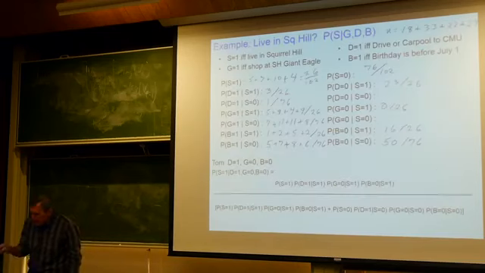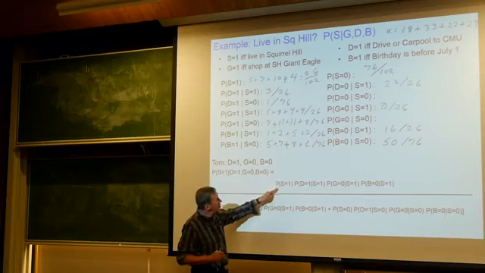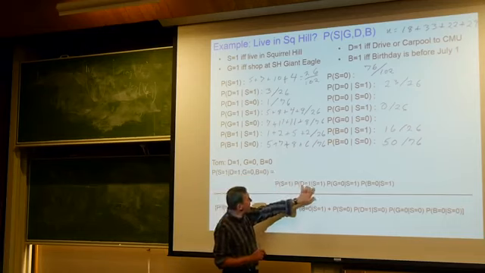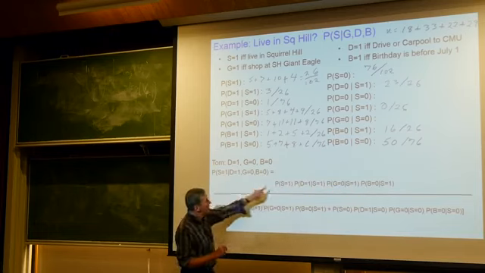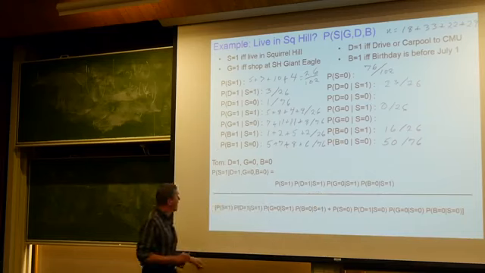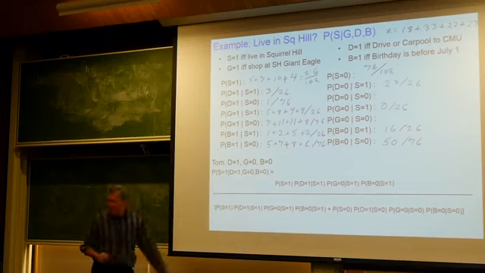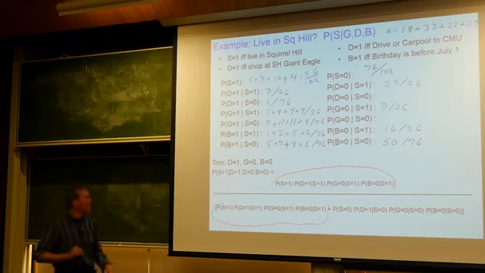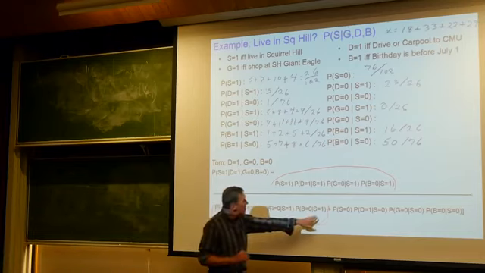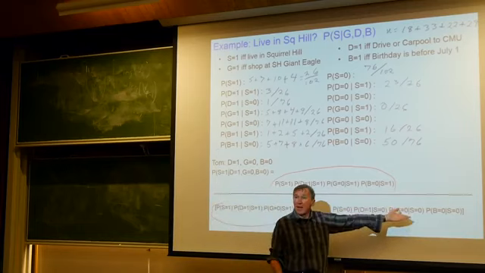Okay, so if we do that here, you see that's exactly what I've got. Here's the prior, that Squirrel Hill equals 1, times each of the conditional probabilities under the assumption that S equals 1. And then the denominator is that very same quantity, plus that same quantity, but now assuming that S equals 0 instead of S equals 1.